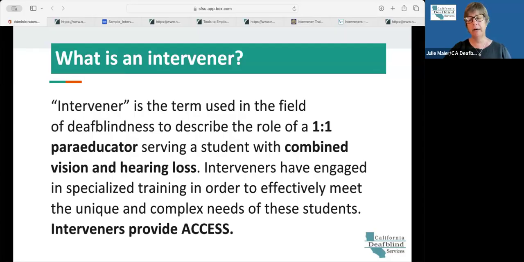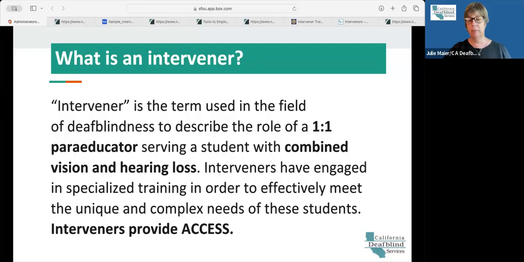So first, let's talk about what is an intervenor. You've never heard of this, maybe. It's the term that's used in the field of deafblindness that describes the role of a one-on-one paraeducator who is serving a student that has both vision and hearing issues, of any type, but combined.